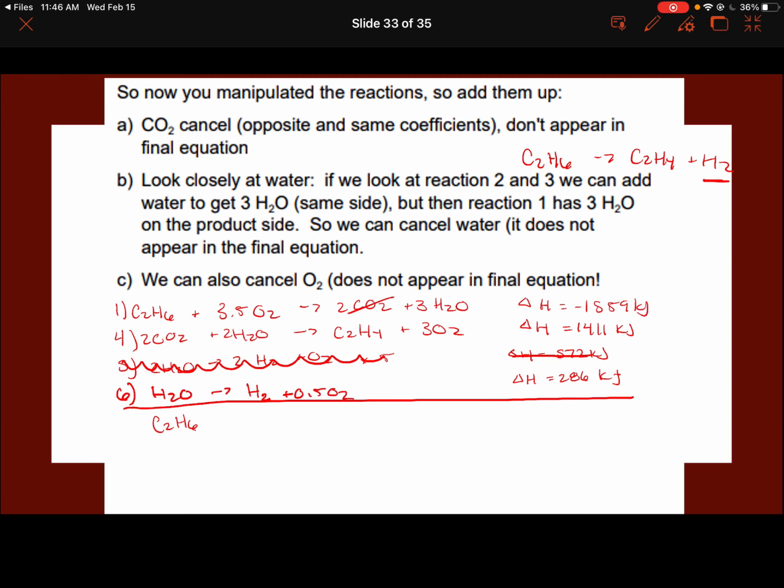So we had 2 CO2 over here, and we had 2 CO2 over here. We can cross those off. Now looking at the rest of our work here, we had 0.5 O2, we had 3 O2, which is 3.5 O2, so therefore we can cross all of that off.